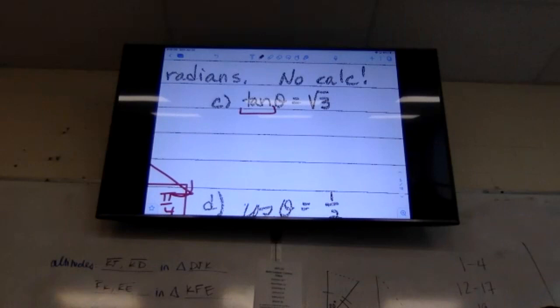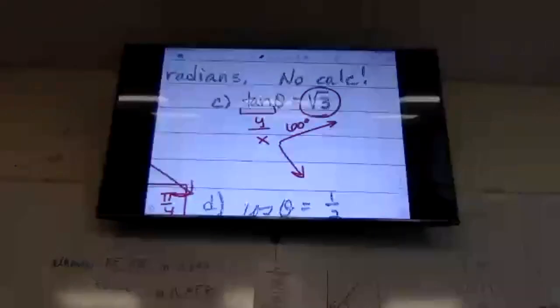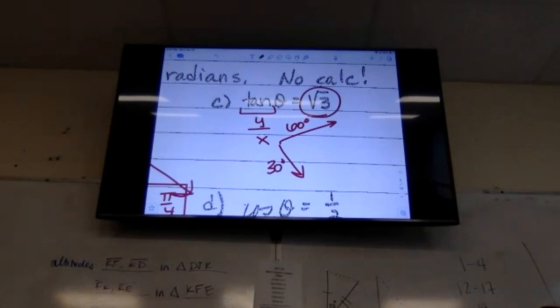My tangent is y/x, which means that I'm going to have to do y divided by x and I need to get √3 out of it. What degree is one of the options that could get me there, do we think? 60 could work. What's another one that could work? 30. Why are those two options that I'm going to check? Only one of them will work, but why are those options that are fair to check?